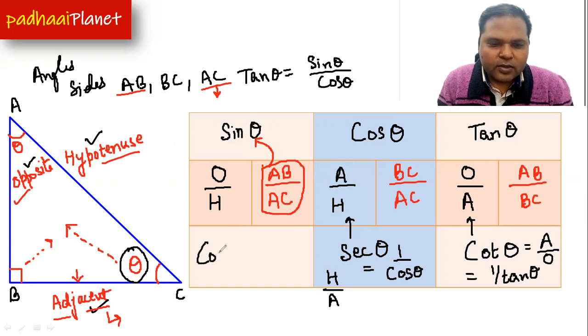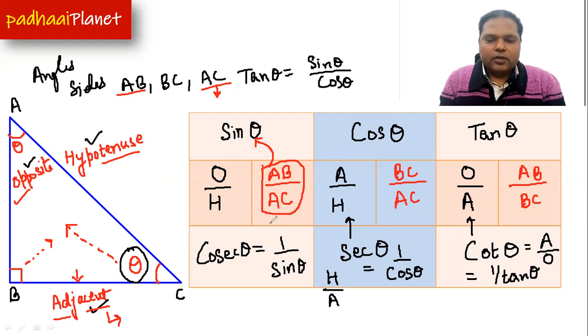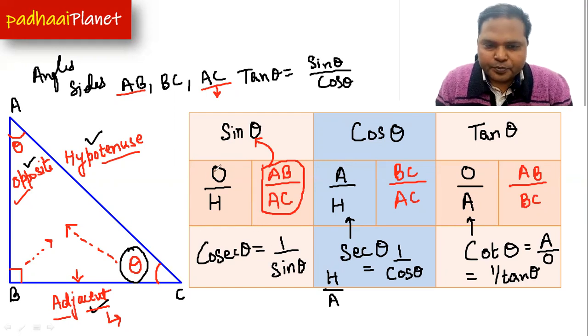Similarly, the last one is cosec theta, and that's the reciprocal of sine theta, right? So this is how we have all the six trigonometrical ratios, and we can keep this whole chart in our memory.